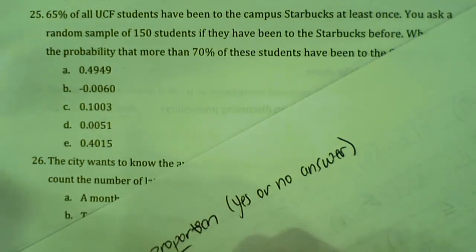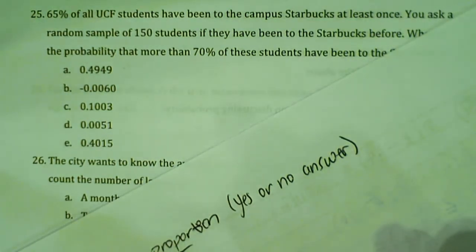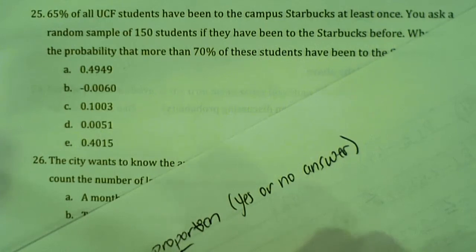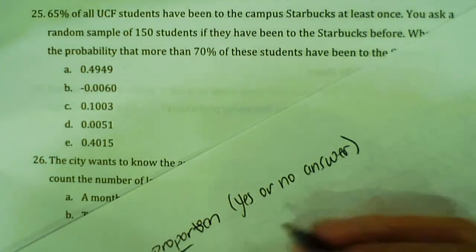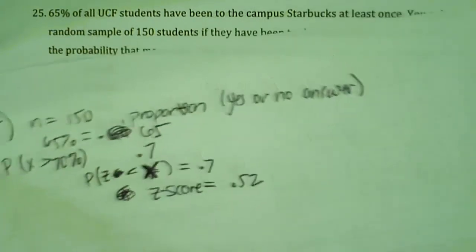I'm sorry guys, I'm just writing everything wrong. So we found that x, or I guess I shouldn't put x, but the z-score is 0.52, I said. I apologize.